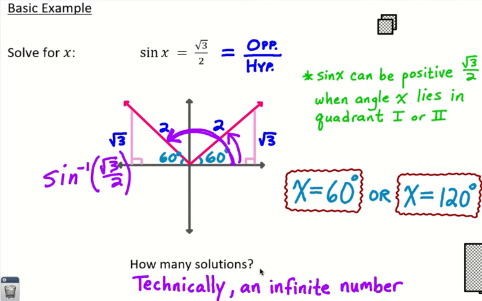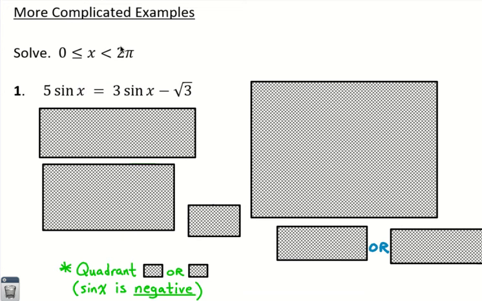Now, so we have this method, and I want to point your attention, getting a little ahead of myself in a way, to the next example in our notes, the next section of the notes, where it says to solve, and then it gives you this interval for x.